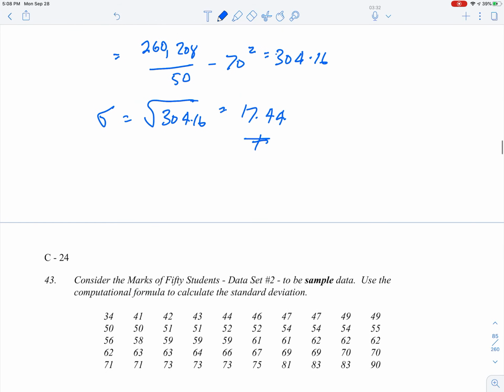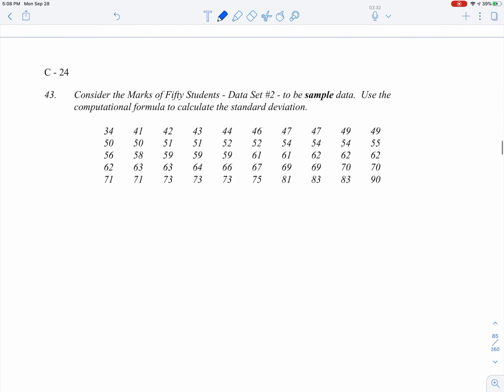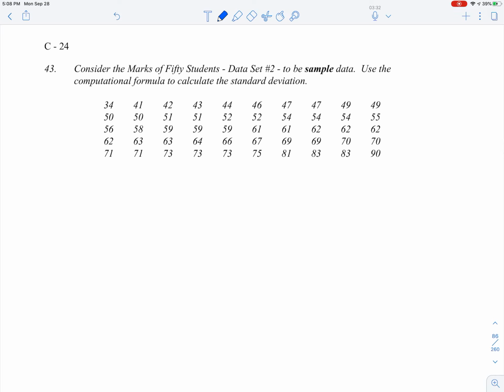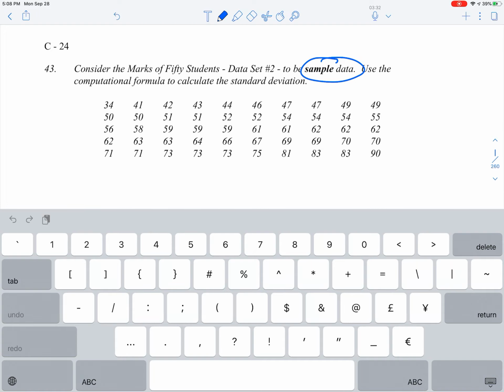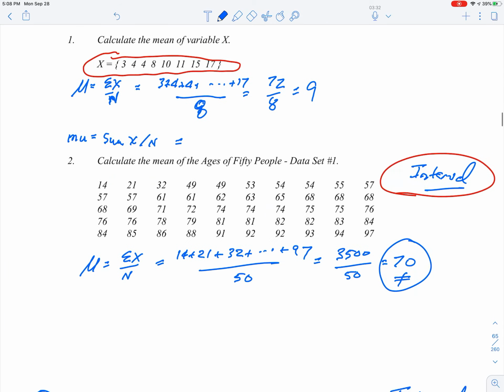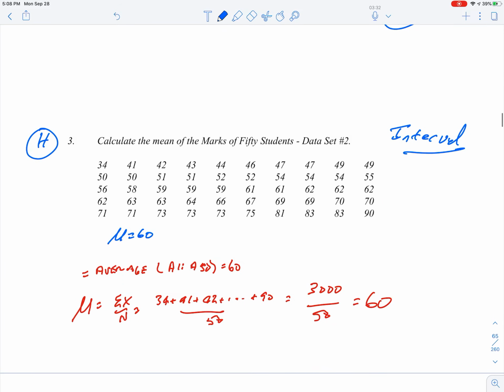All right, let's go and do the same for the marks of 50 students. And here then, it says, I want you to consider these to be sample data. And so in that particular case then, back where we were on page C3, marks for the 50 students, we had the mean equal to 60.